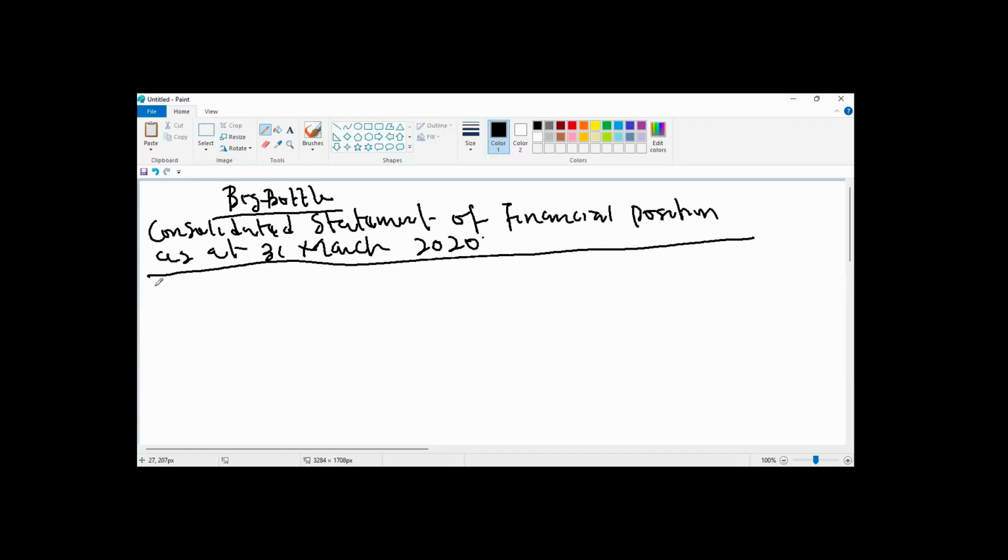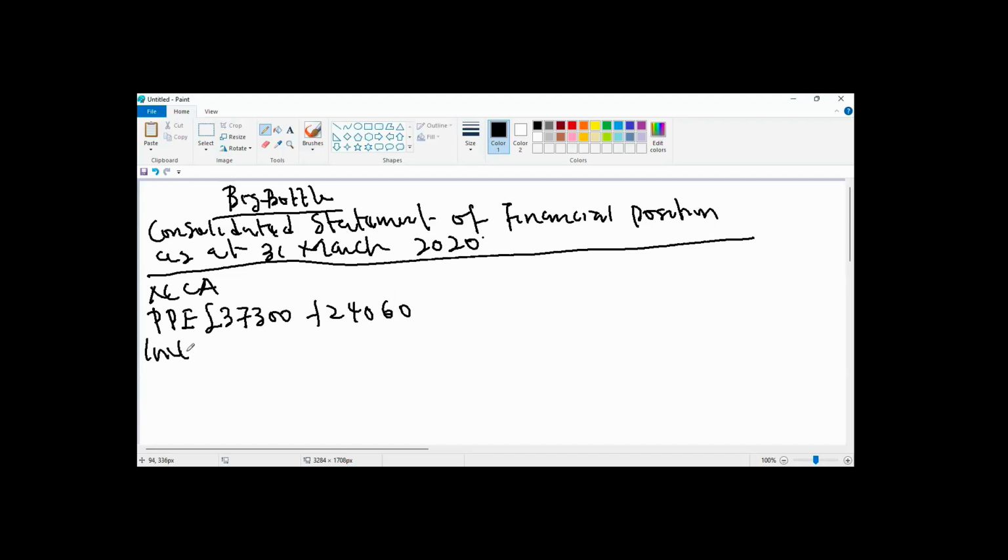Non-current assets. PPE: 37,300 plus 24,060.